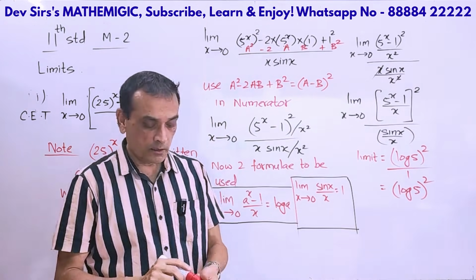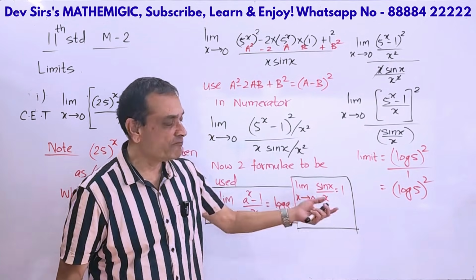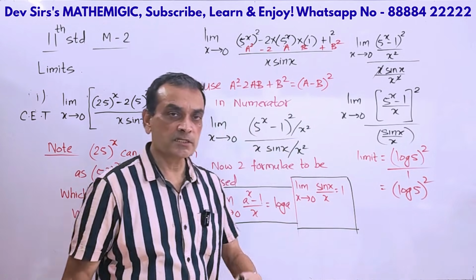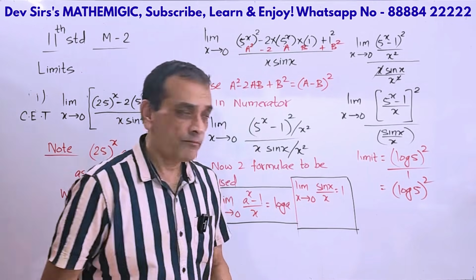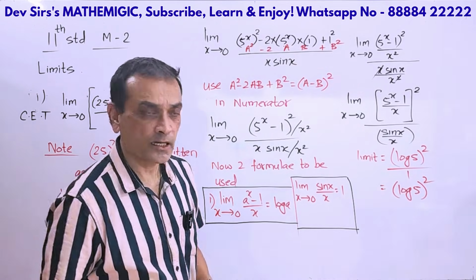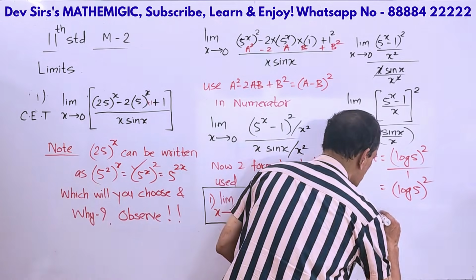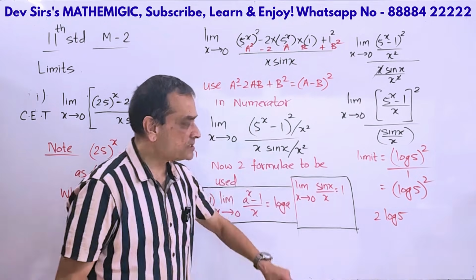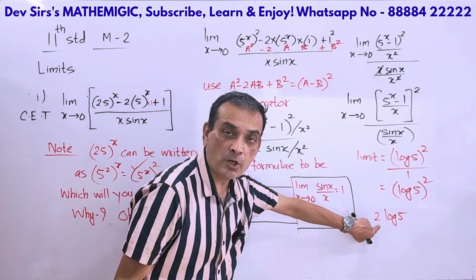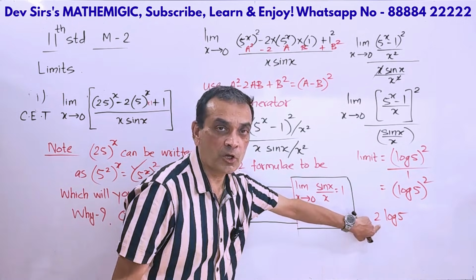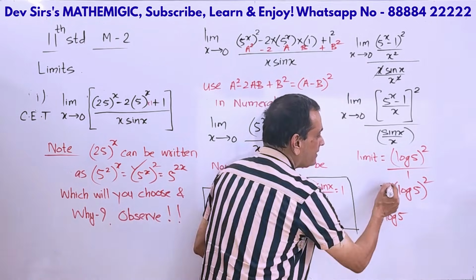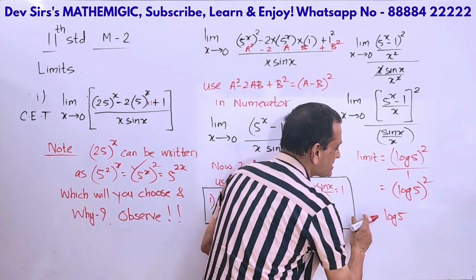Now there is one more small tip which I want to give you. Since we have got the answer in terms of logs, let us just discuss one more rule. When this was asked for CET, one option was given as 2 log 5. Some of the students wrote this option and got the problem wrong, because 2 can be brought in front only when it is like this.